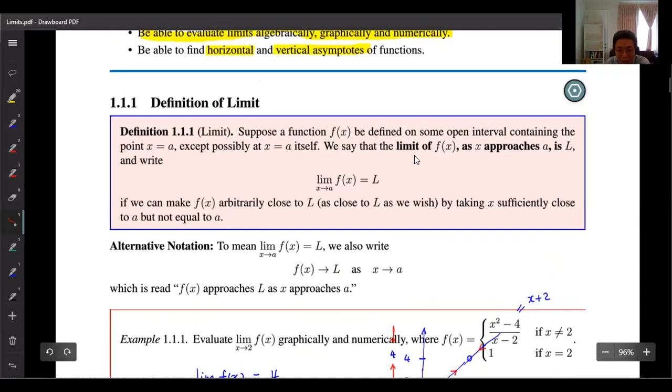So we say the limit of the function as x approaches A is L. We write this symbol. What's the meaning of this?